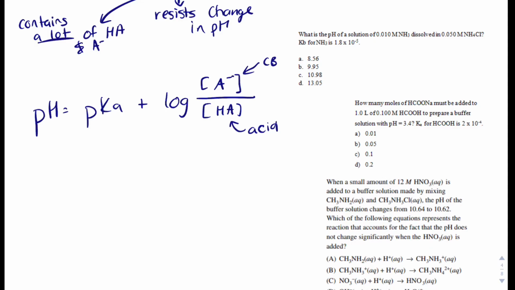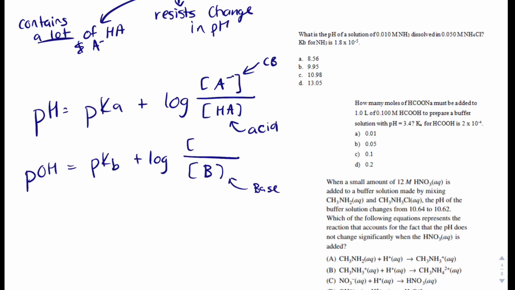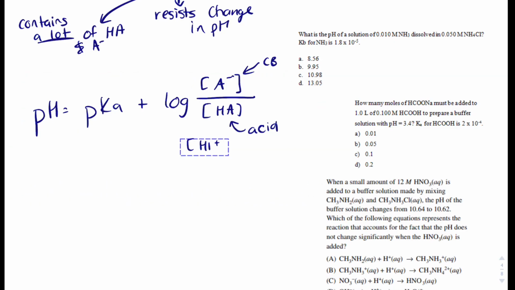There is technically another equation, which is just the base version of this: pOH equals pKb plus log of the conjugate acid in the numerator over the base in the denominator. Okay, either is fine. Typically, though, we're going to use the first one, so I'm going to erase this bottom one.